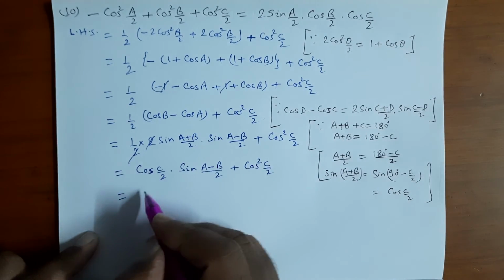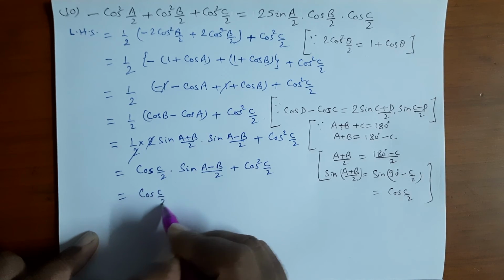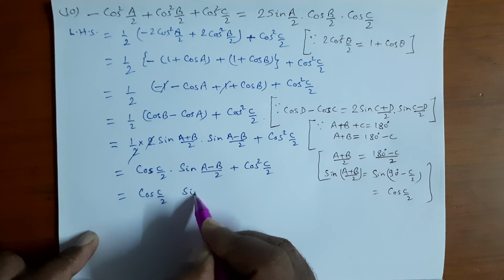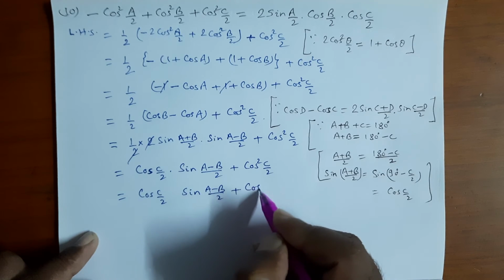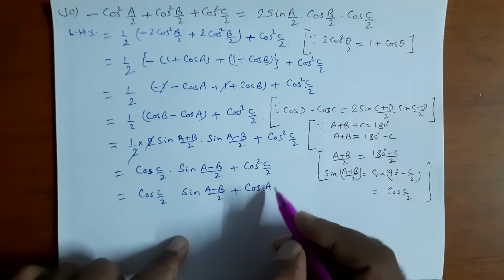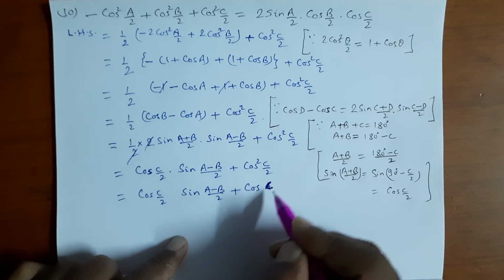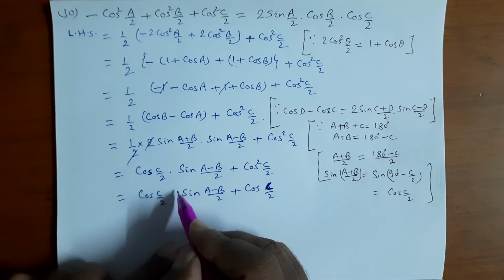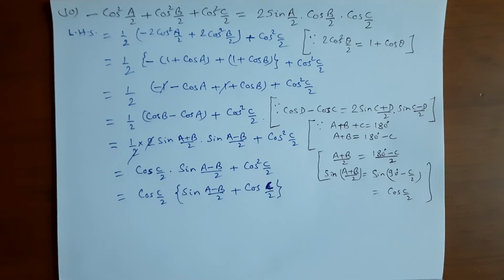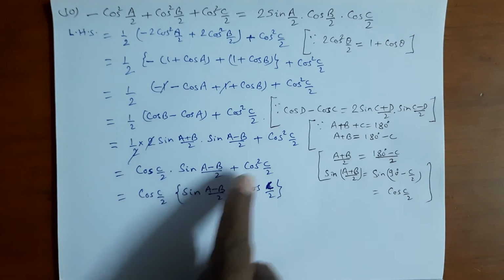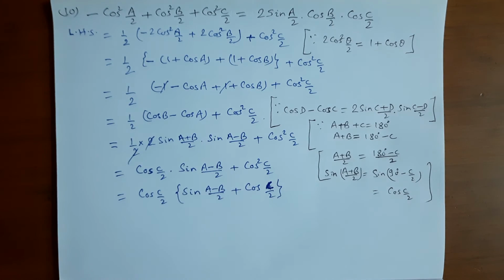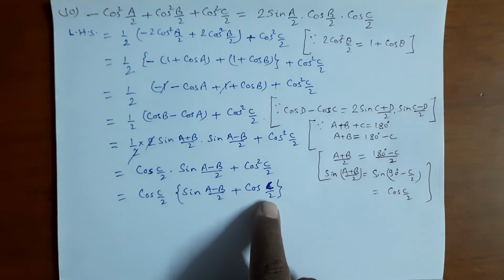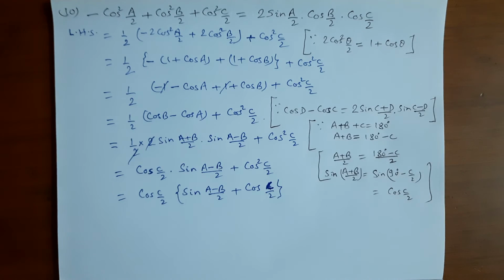From this, cos c/2 is common, and here we have sine (a minus b)/2 plus cos c/2. If you take out cos c/2 common, then there remains cos c/2. And again this cos c/2 is sine (a plus b)/2, so instead of cos c/2 we can write sine (a plus b)/2 in the next step.